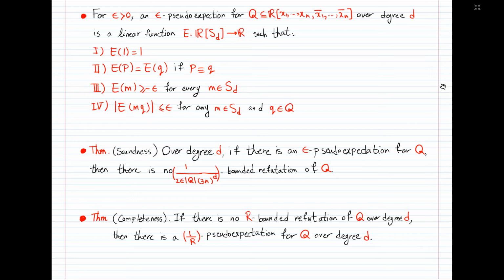For the completeness direction, it says that if there is no R-bounded refutation of Q over degree d, then there is a pseudo-expectation for some parameter. The proof here is by constructing a convex set based on this assumption and applying the hyperplane separation theorem.